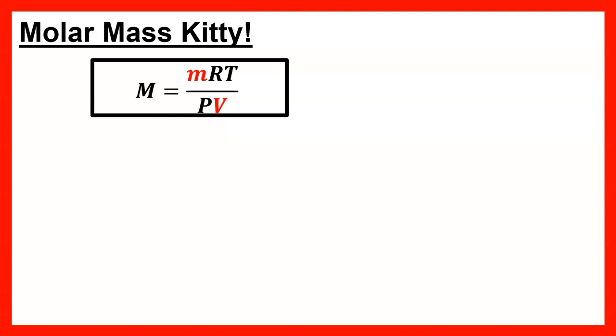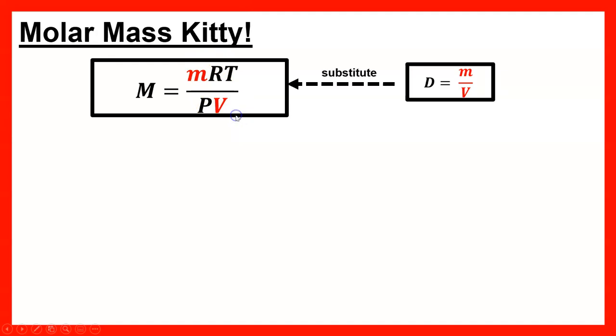Then they will often ask you for the density. Now remember, density is how many grams of something you have crammed into how much space. So m over V is the same as density.